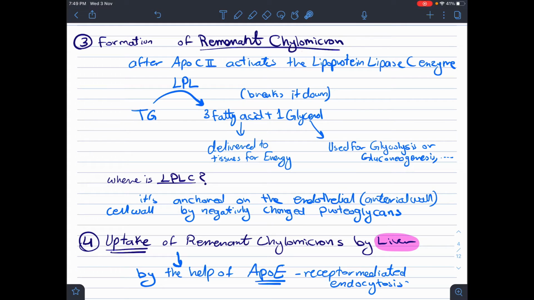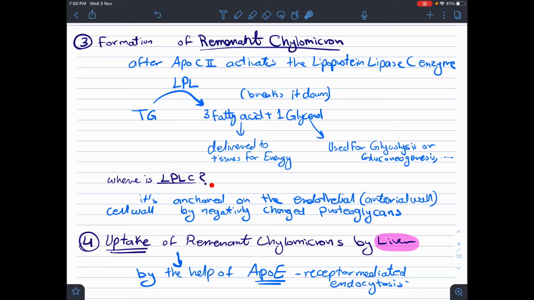After ApoC2 activates the lipoprotein lipase enzyme, the enzyme is going to break down the triacylglyceride into 3 fatty acids plus 1 glycerol. The fatty acids are delivered to the tissues for energy, and the glycerol is used in the tissues for glycolysis, gluconeogenesis, and so on. So the lipoprotein lipase is very important in breaking down the triacylglyceride inside the chylomicron.